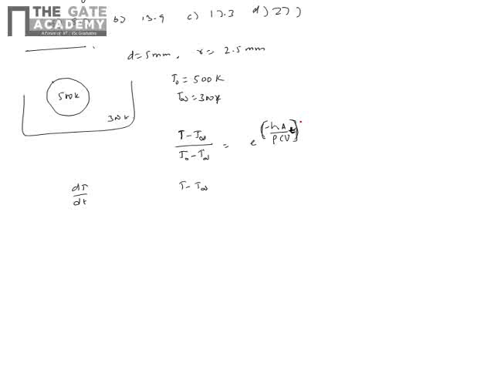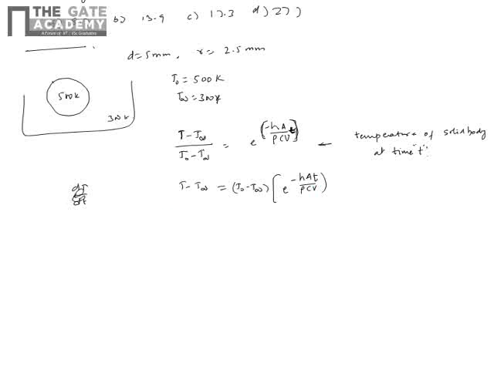This gives the temperature of the solid body at time t. So this is T minus T infinity equals T naught minus T infinity times exponential of minus hAt by rho CV.